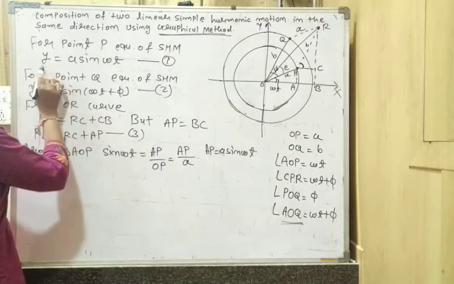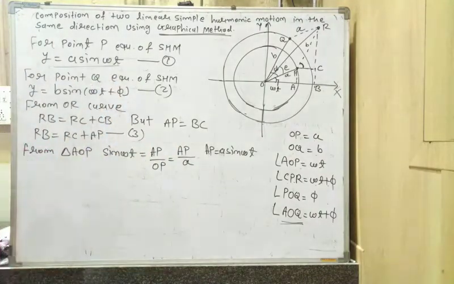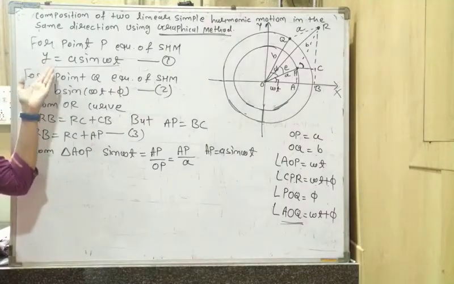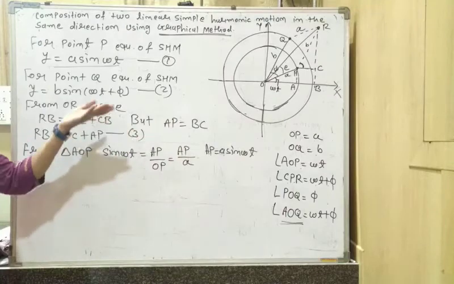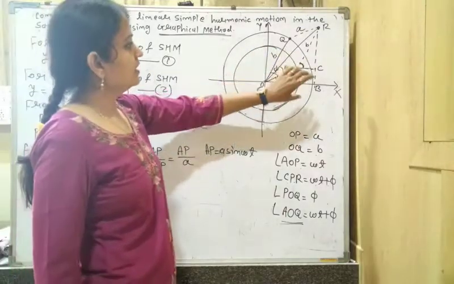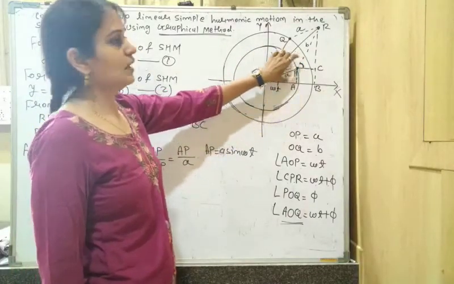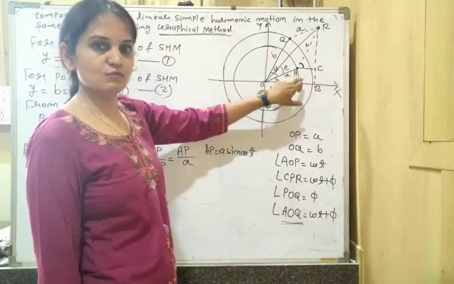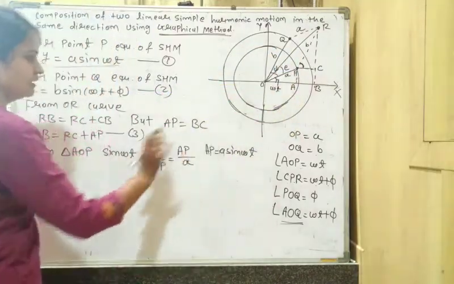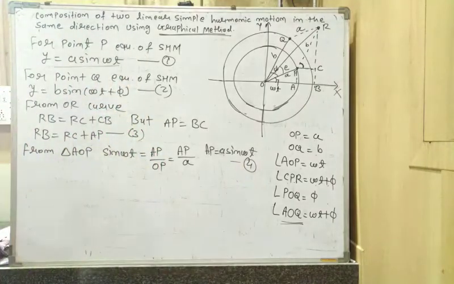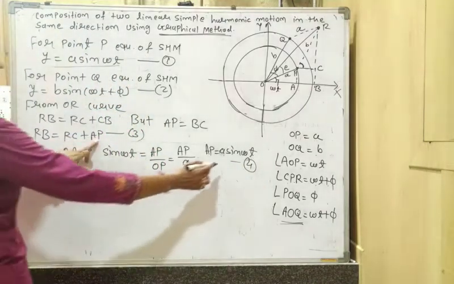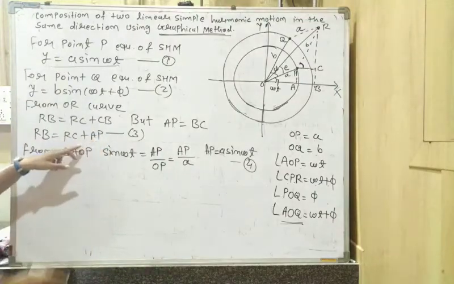Actually it is this equation also, which I already gave you. AP is the displacement with respect to the y-axis, so it is y. So similarly, equation 4. We calculate AP from equation number 4.